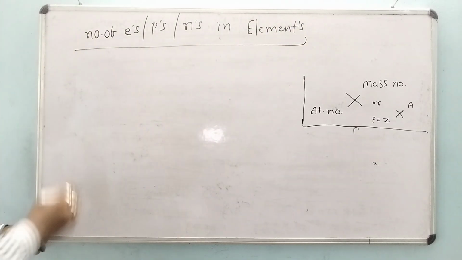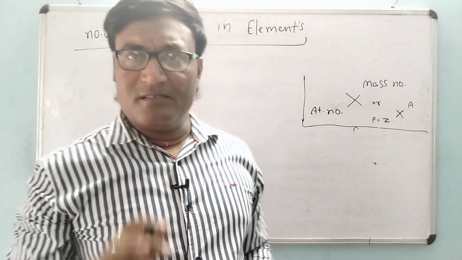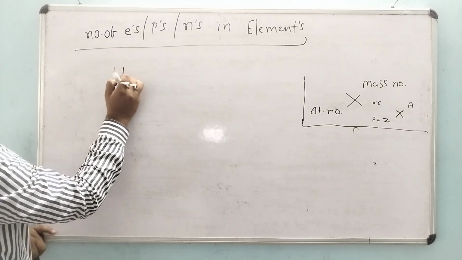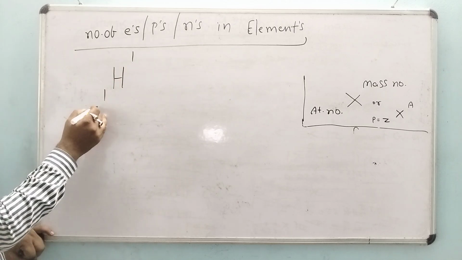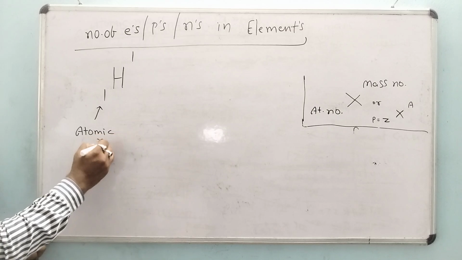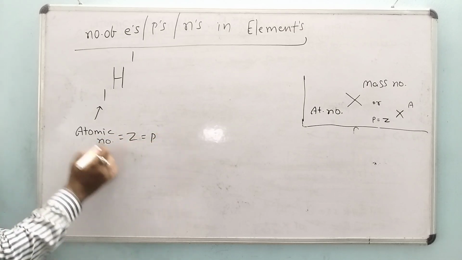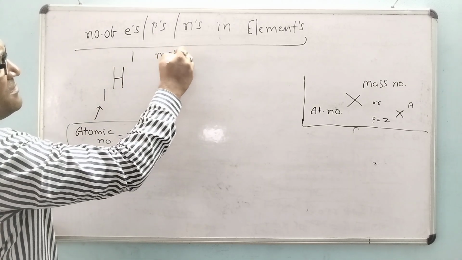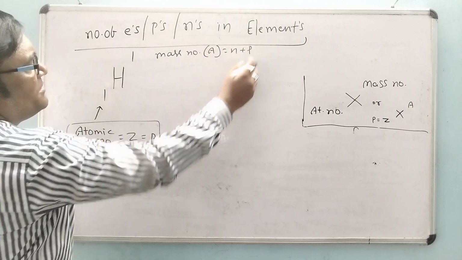Elements are denoted by their symbols. As for example, hydrogen is the symbol, here 1 and here 1. This is the atomic number of hydrogen, which means Z is equal to P. Now A is the mass number, which means A is equal to N plus P.